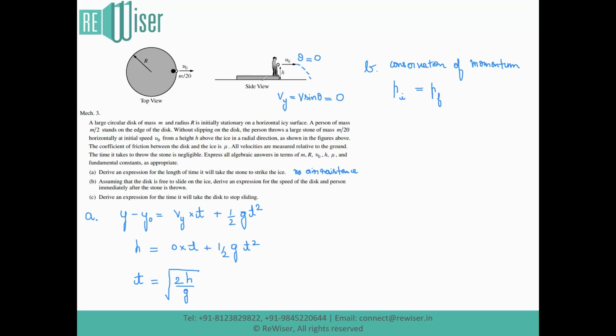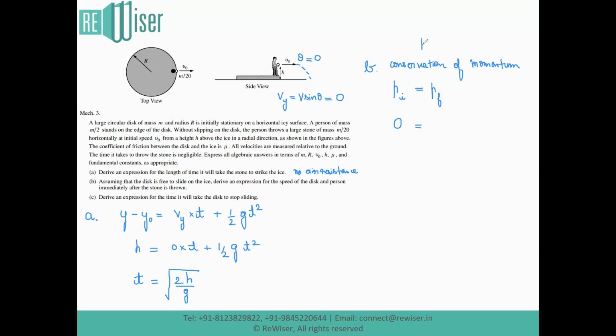Since initially all the bodies, that is the disk, the person, and the stone, are at rest, the total initial momentum is considered 0, while after, we consider the disk and the person as one single entity, whereas the stone is considered as another entity. The momentum of the stone is already given.